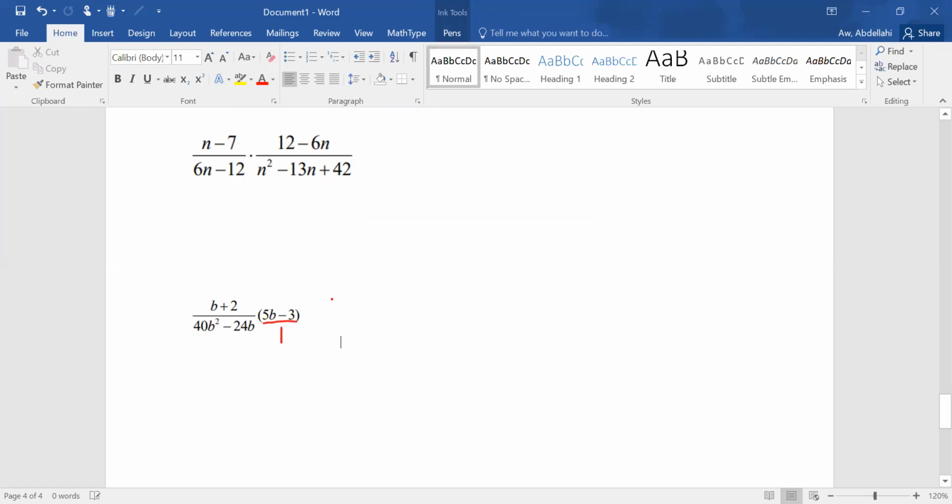You see? Obviously here, what you're going to do is factor if possible. And second, simplify. You want to try to factor first, if you can, and then see what you can simplify.